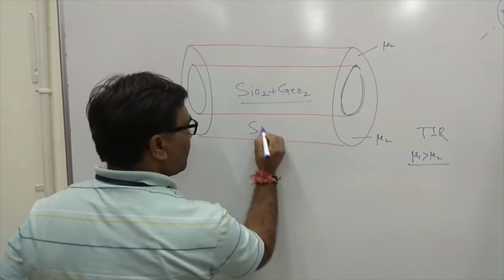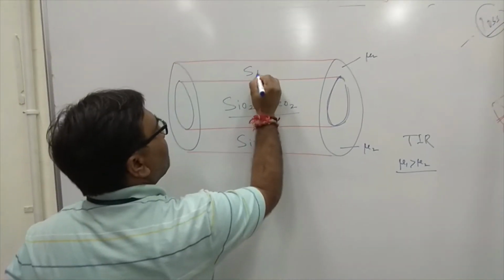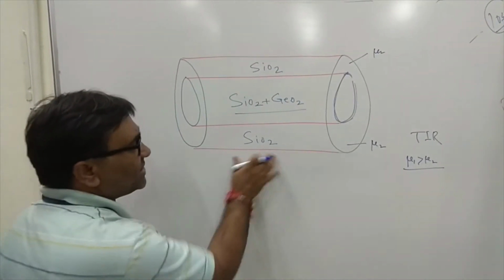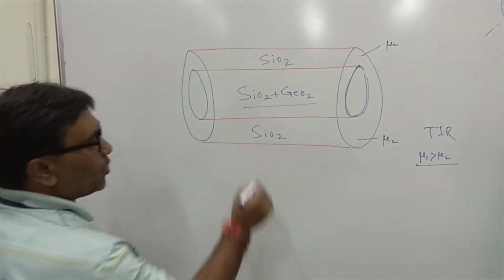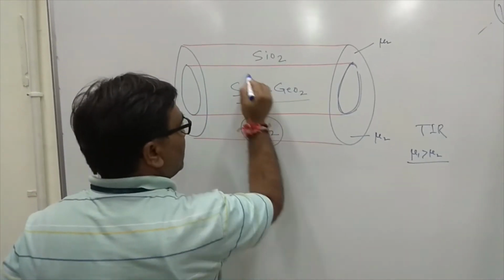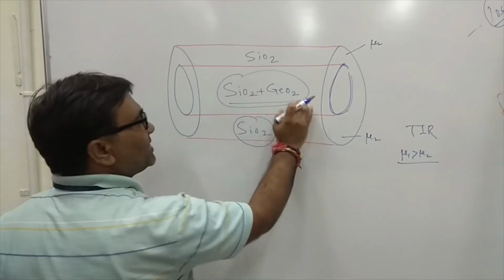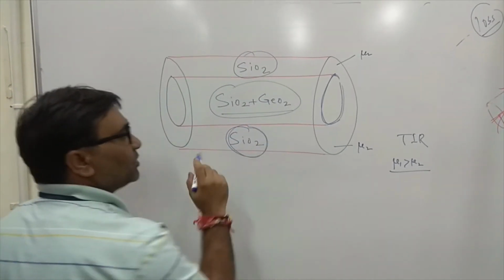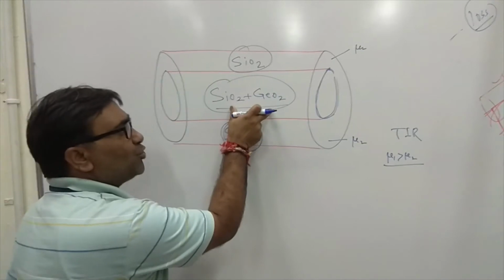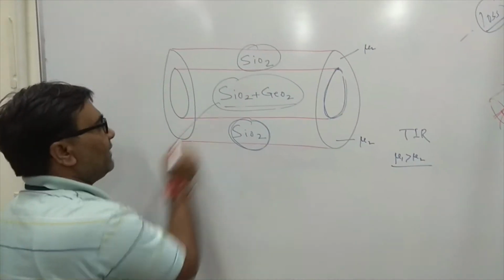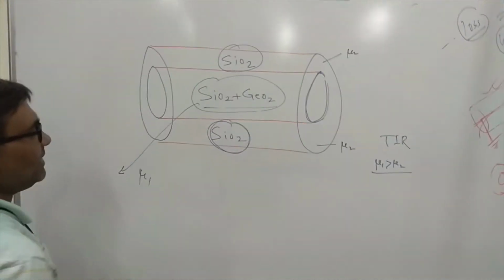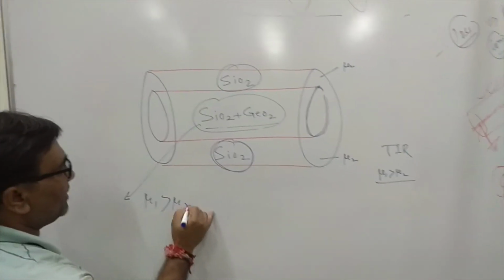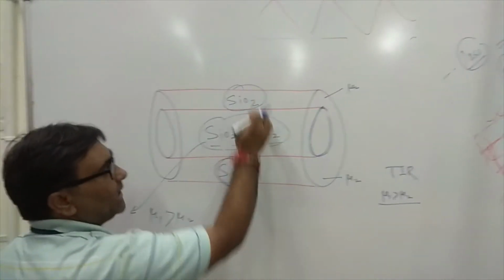In the composition of the construction of the optical fiber, the core is made up of SiO2 plus GeO2, but the cladding is made up of only SiO2. So hence, with two materials in the core, the refractive index mu1 is higher than mu2, because here there are two materials, and there the single material.